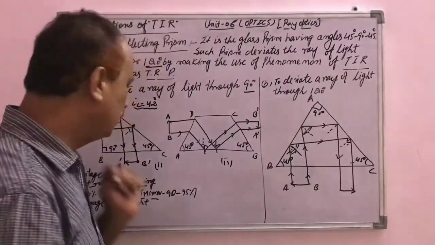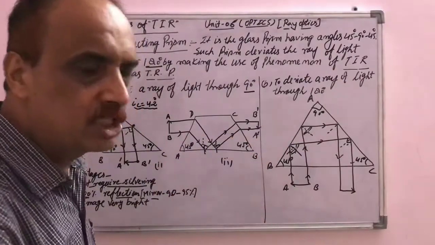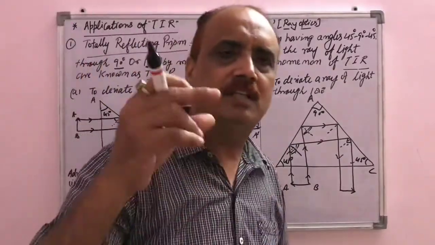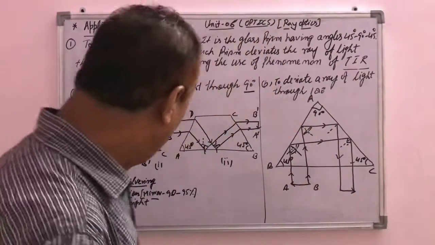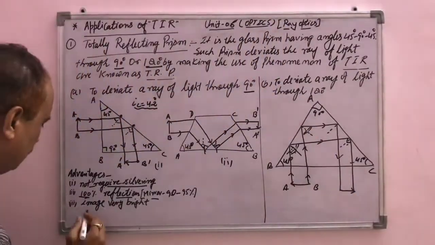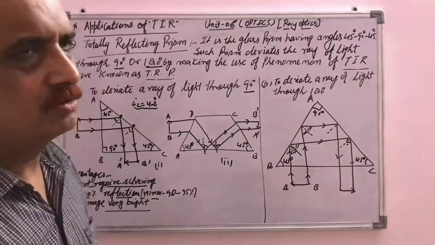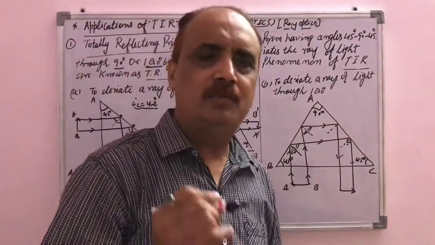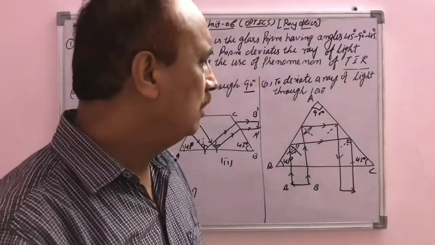But in the case of a prism, the image will be brighter. So a good image is found because the intensity remains the same after reflection through 90 degrees or 180 degrees. The image will be very bright in the case of the totally reflecting prism when the ray is deviated through 90 degrees or 180 degrees.